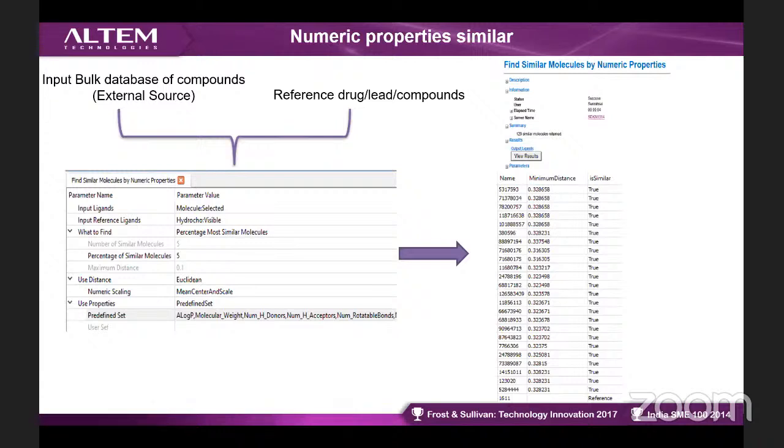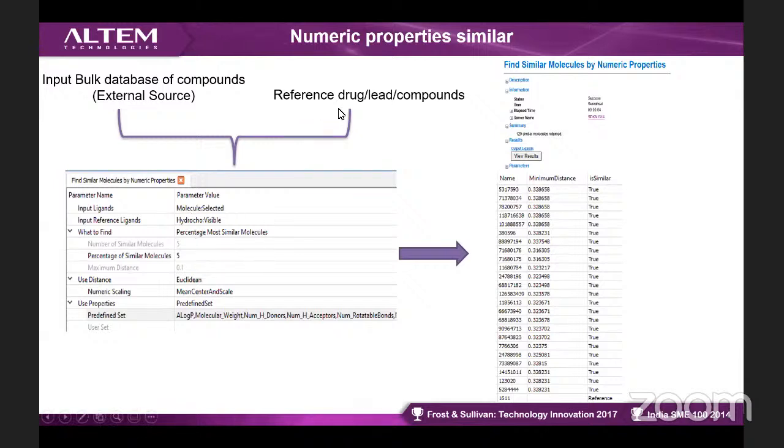So how do we implement this in practice? First, say I have a bulk database of compounds from external resources. Maybe I downloaded it from Asinex or ChemDiv, and my compounds are ready with me. I have a reference ligand; I use a hydroquinone drug as the reference ligand.